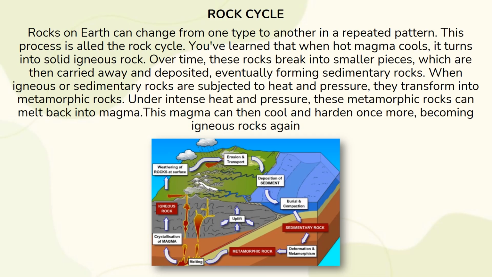When igneous or sedimentary rocks are subjected to heat and pressure, they transform into metamorphic rocks. Under intense heat and pressure, these metamorphic rocks can melt back into magma. This magma can then cool and harden once more, becoming igneous rocks again.